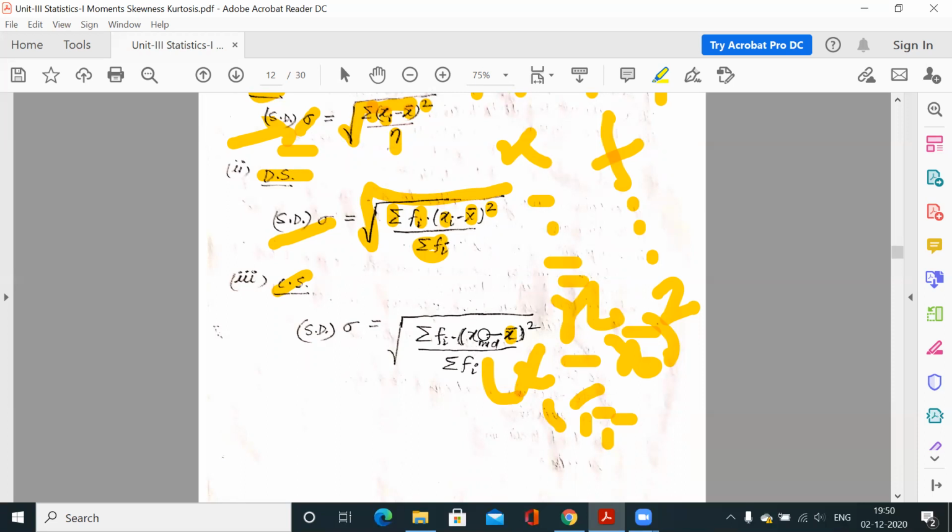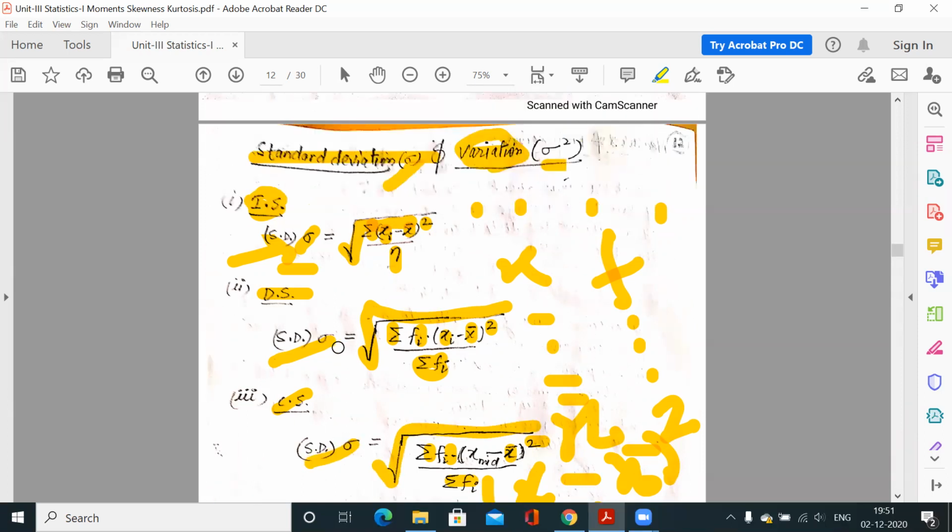So take the middle value of that interval and take the difference from the arithmetic mean. You have to do this for each interval. Take the square, multiply the corresponding frequency, this is your numerator, the sum of these, and divide by the sum of frequencies. Taking the square root will give you the standard deviation.